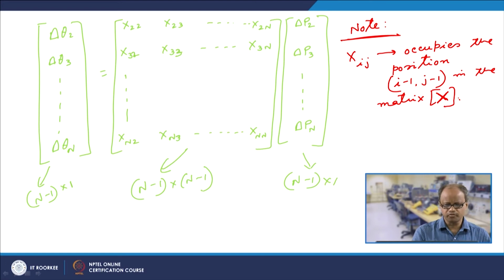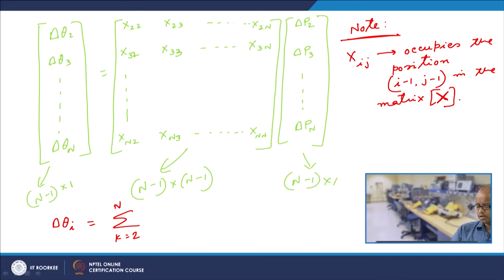So, from this expression delta theta I would be given by summation k equal to 2 to n of xik delta Pk. So, this would be known.